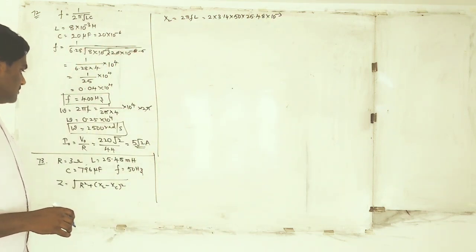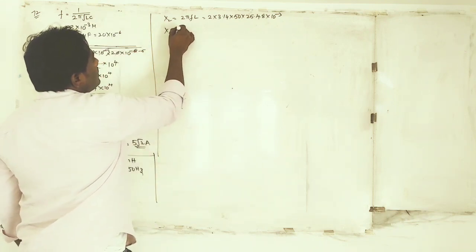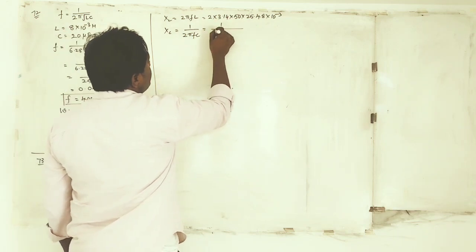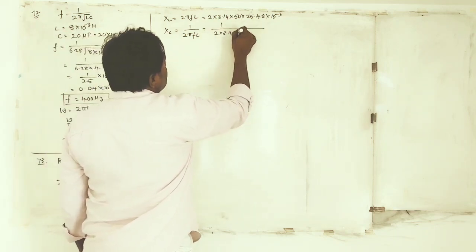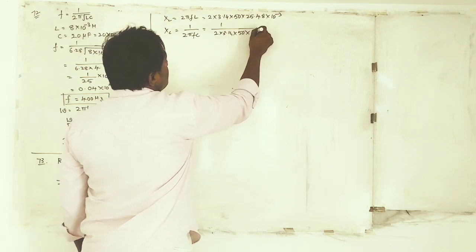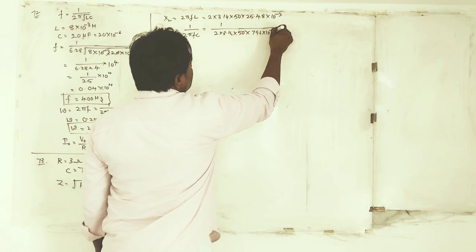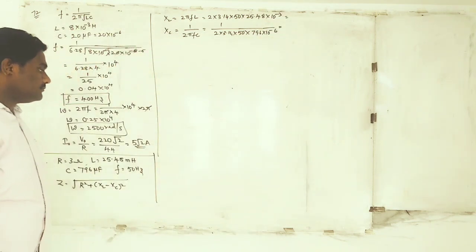Understood? So what is XC? We have a formula 1 divided by 2 pi FC, that is equal to 1 divided by 2 into 3.14 into 50 into 796 microfarad. Okay, getting that right?